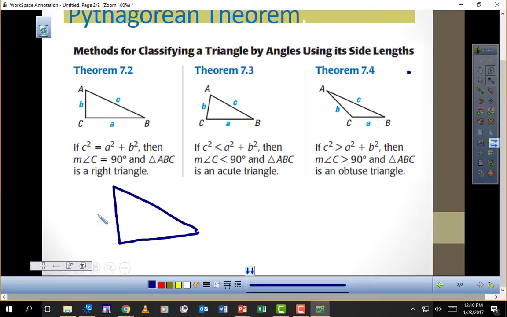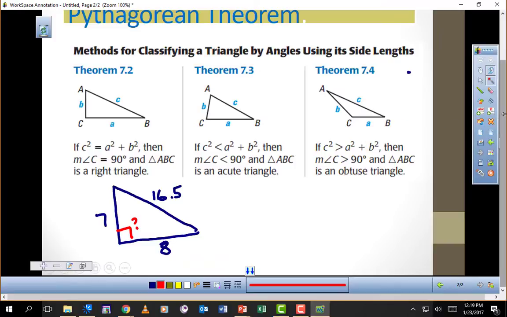Like I maybe found out that this one's 7 and this one's 8, and I may have found out that this one's 16.5. My question might be, is this a right triangle? I know, it maybe looks like it, but I'm not sure. Okay? Well, that's what this converse is about.